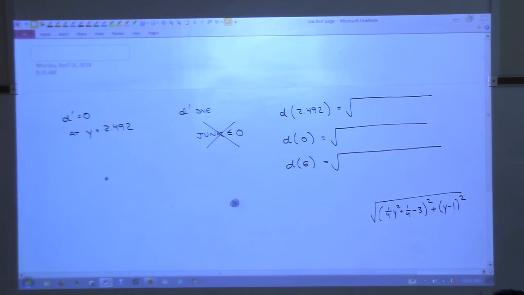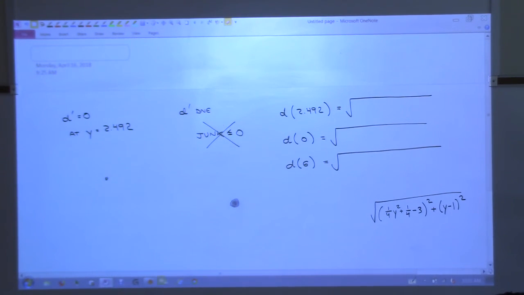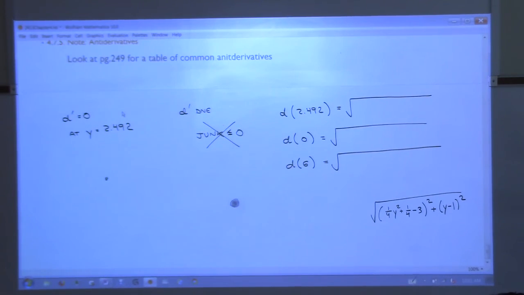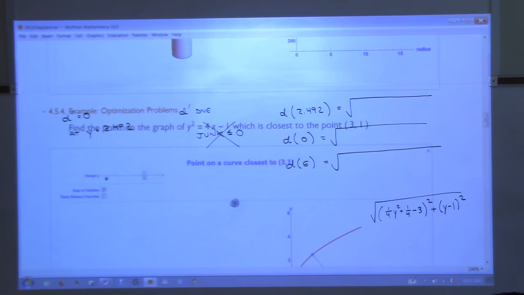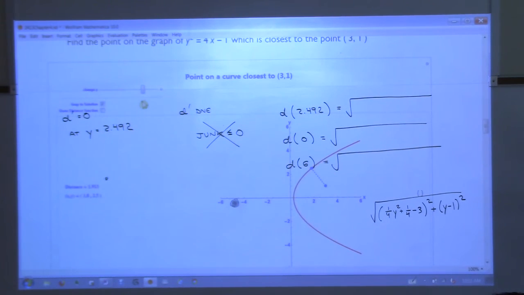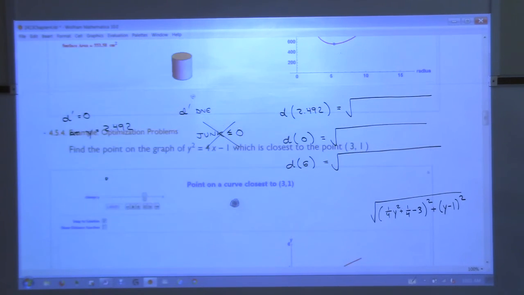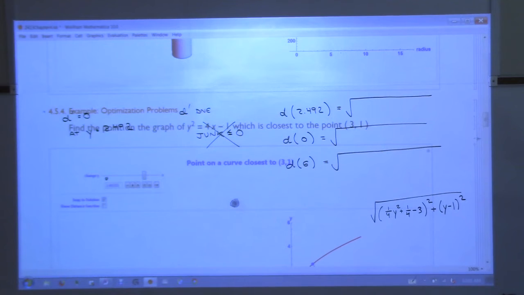Now, I'm not going to do it by hand, because it's going to take too long. So I'm going to see if the computer, I think I have it on the computer here. I can just throw it into my code real quick.